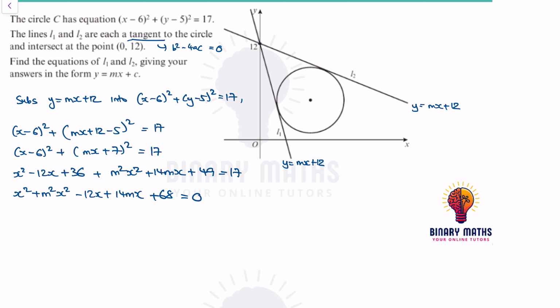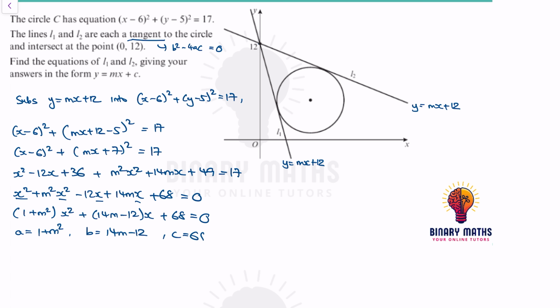If I factorize the x squared out, I get 1 plus m squared times x squared, plus factorize the x out, I get 14m take away 12 lots of x plus 68 is equal to 0. Now in this case, my a is equal to 1 plus m squared, my b is equal to 14m take away 12, and my c is equal to 68.